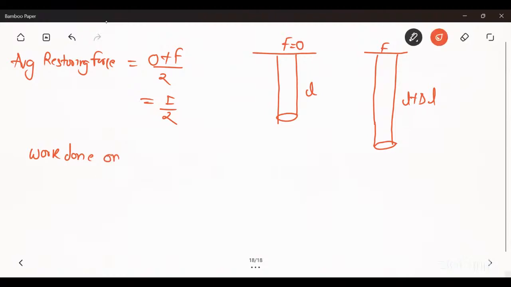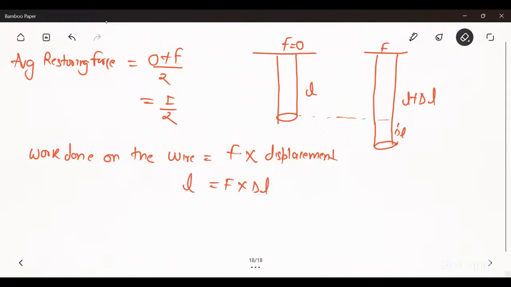The displacement here is the increase in its length, delta L. Instead of force we write the average force, so work done is average force into increase in its length. This work done is stored in the form of internal energy or elastic potential energy.